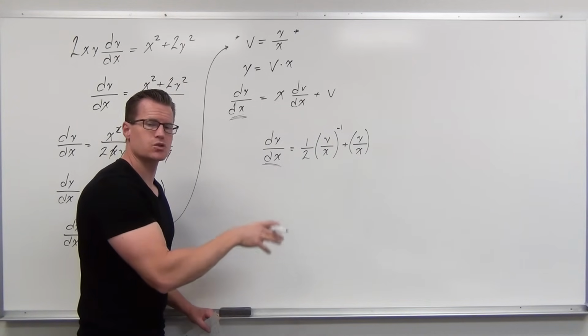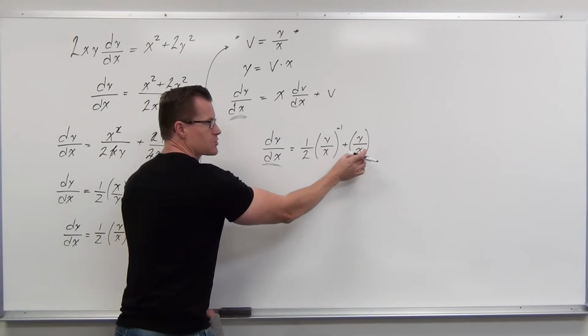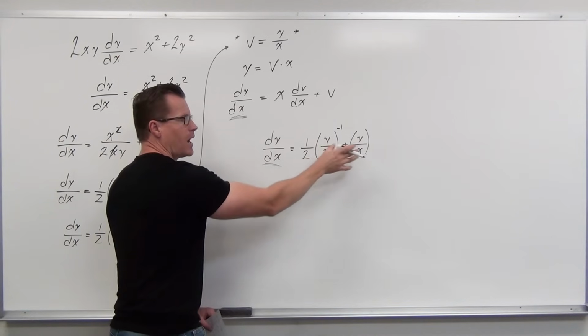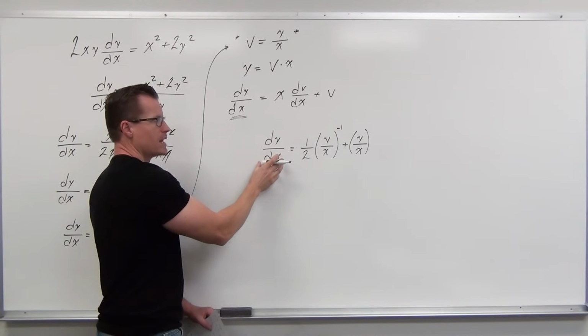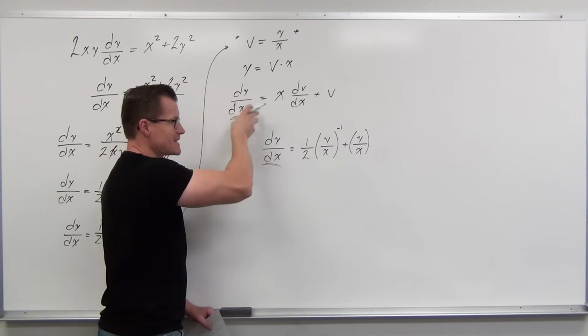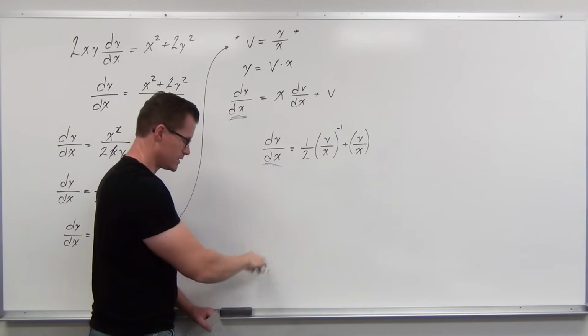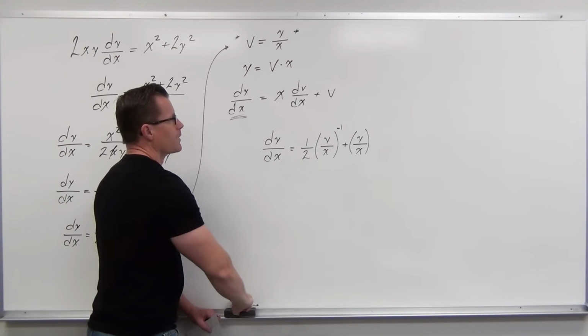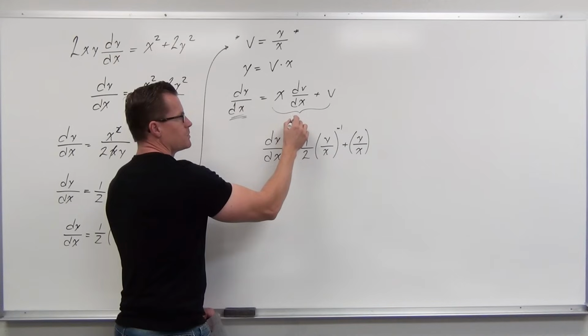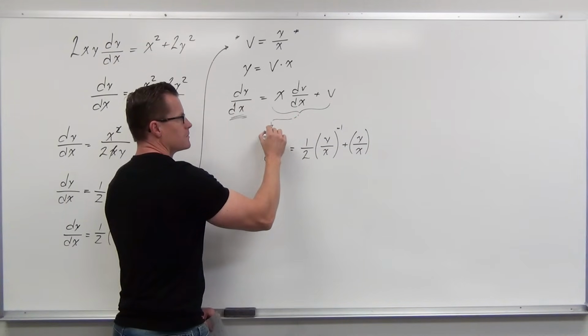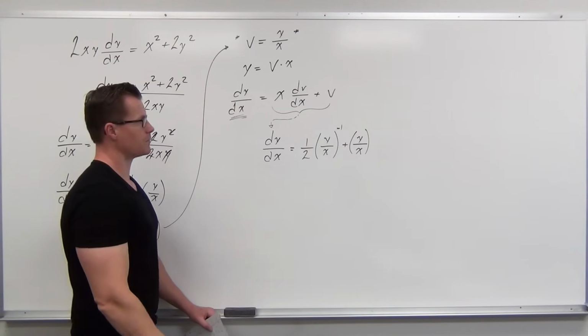When we do that substitution, we're identifying that if these are changing to v's, and that y is wrapped up in your v, well, then this dy dx that you get from that substitution is the same dy dx that we have in our differential equation. So if these are the same, this whole piece is going to go there. No problem.